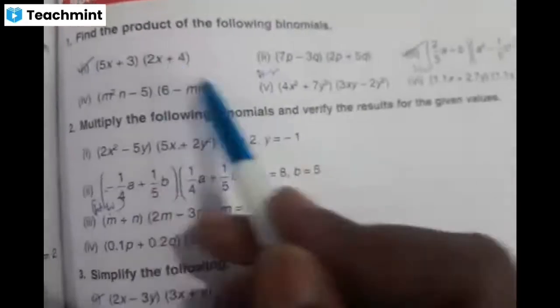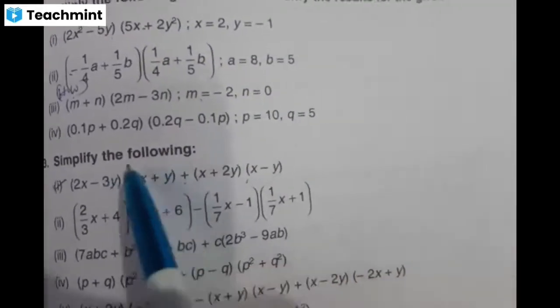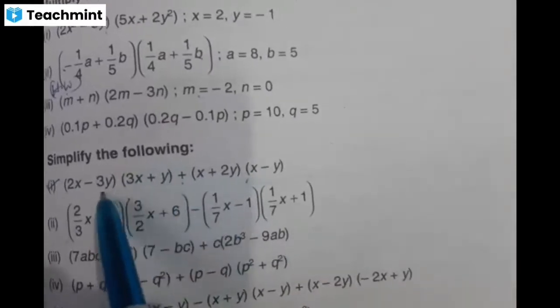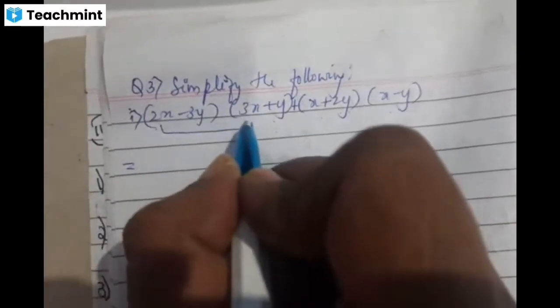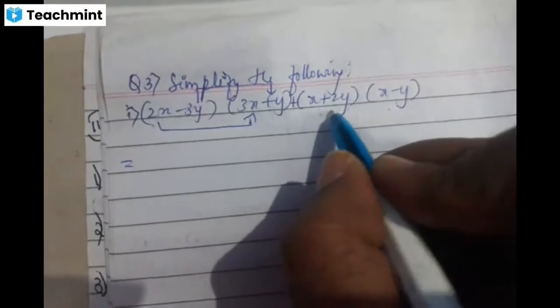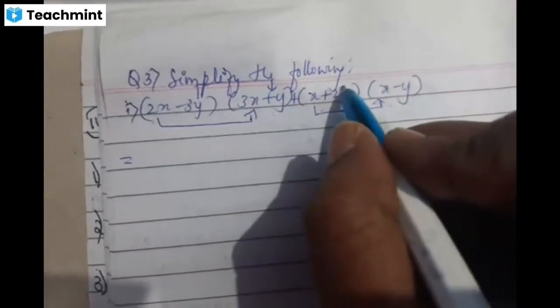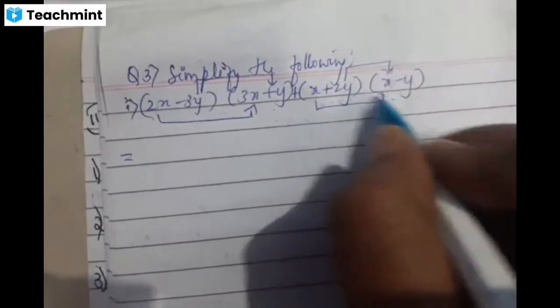The same process will be followed, children. Only here we have got, at a stretch, two pairs of binomials. Let us see how to solve them. Follow the same method, children. First term into second bracket and then second term into second bracket. Here also the same. First term into second bracket complete plus second term into second bracket.